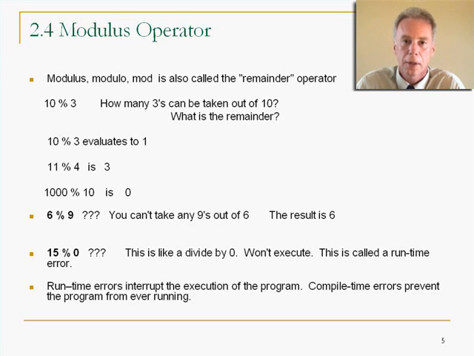How many zeros can you take out of 15? I guess the answer is infinity, but if you try to execute that in a C program, it won't execute. So this is called a runtime error. It's different from a syntax error because this happens when the program is running. If we try to do a divide by 0 or a modulus 0, then the program will stop at that line with a runtime error. That's something you don't want to have happen.